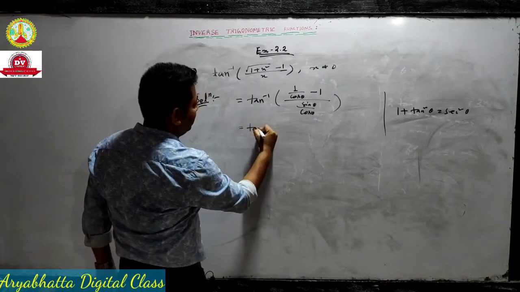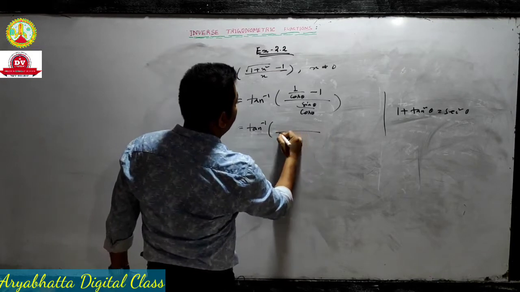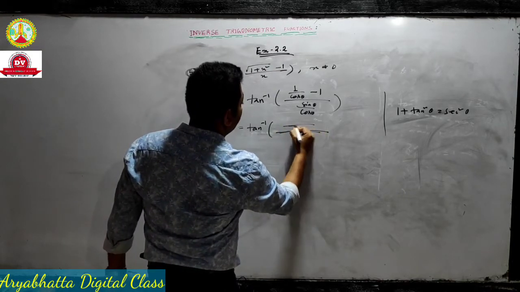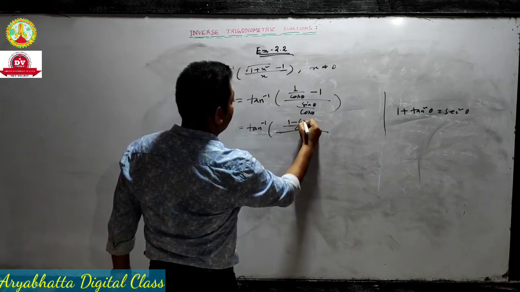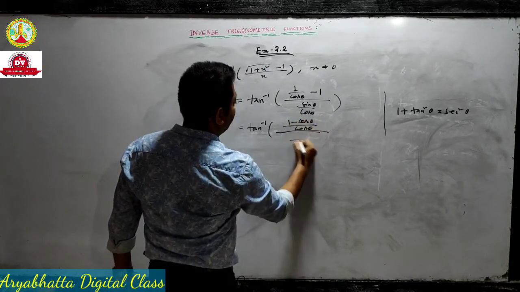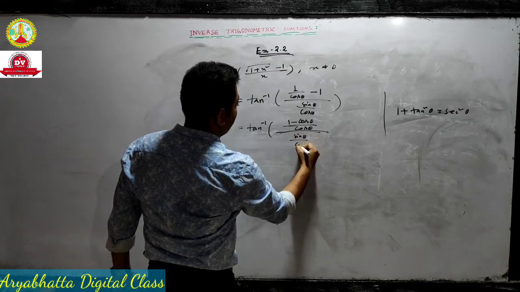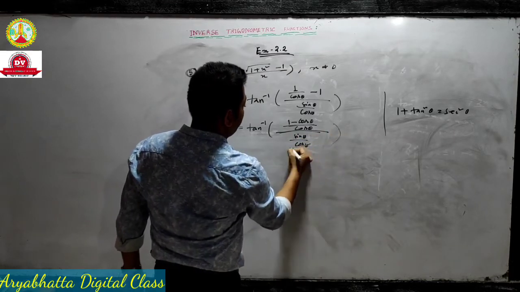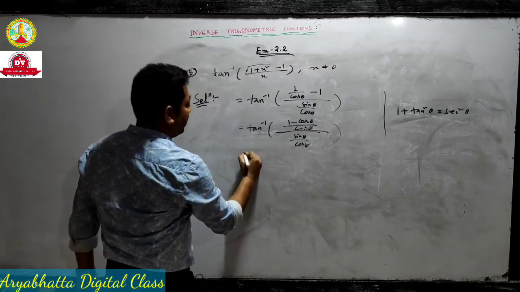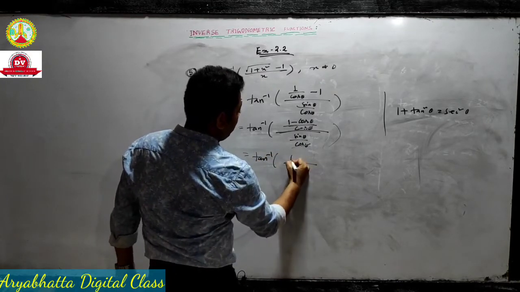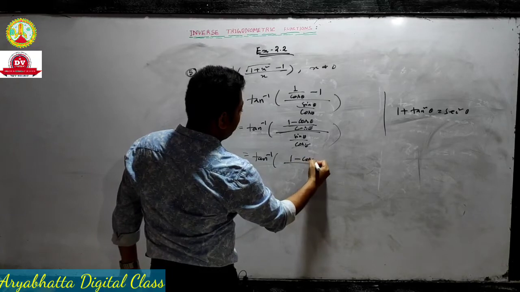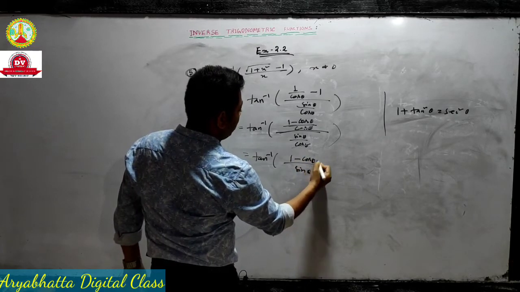This equal to tan inverse, 1 minus cos theta divided by sin theta by cos theta. This and this cancel. Therefore, tan inverse into 1 minus cos theta divided by sin theta.